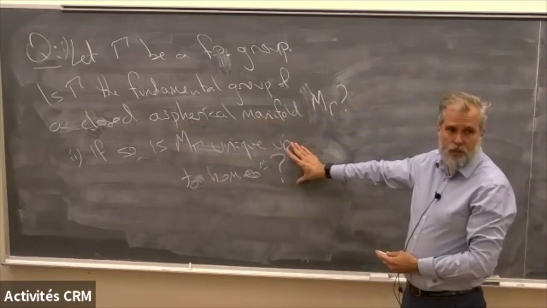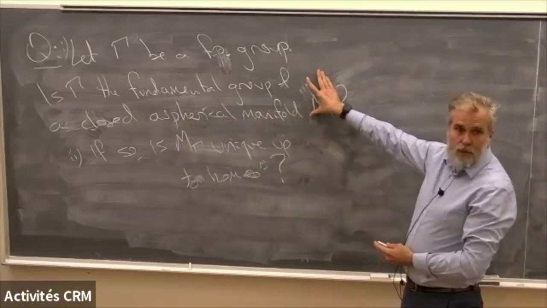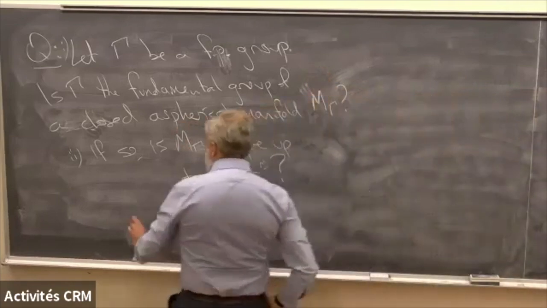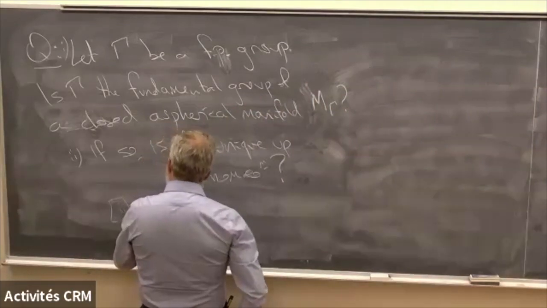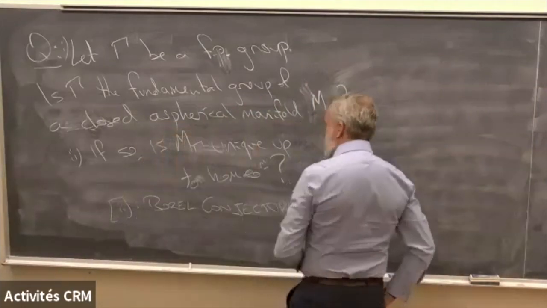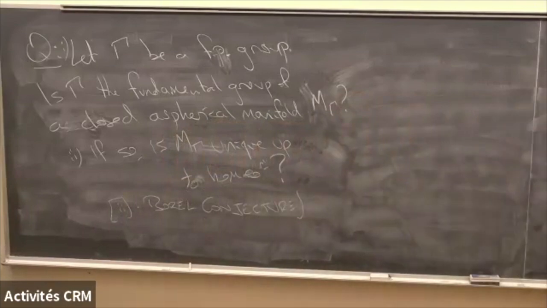This second question is less naive than the first question, and it has a name. Part 2 is called the Borel conjecture. It's known in many cases, and in general, it's open. So there are no known counterexamples to the statement that if 2 closed aspherical manifolds have the same fundamental group, then they are homeomorphic.